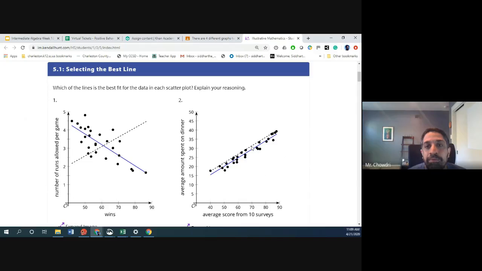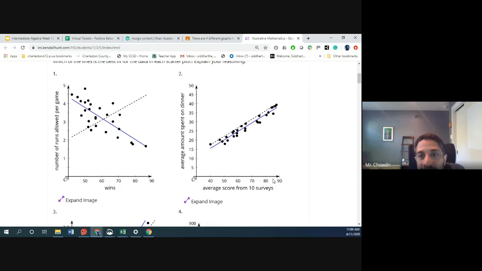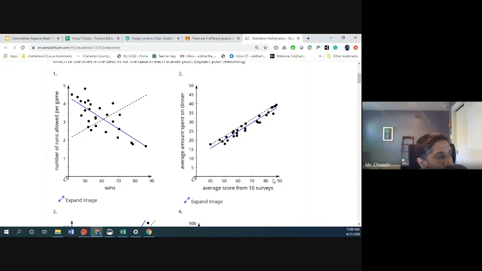All right. Now, how about for this scatter plot here? Which line do you think better represents what is going on in the relationship between the average score in the surveys and the amount that someone spends on the dinner? Solid line or the dash line? Which one do you think? I'll say both. They both look like it can represent it the same. They both do, but one, right? So they both are going up at kind of the same slope.